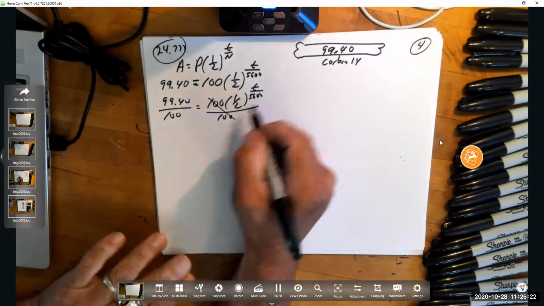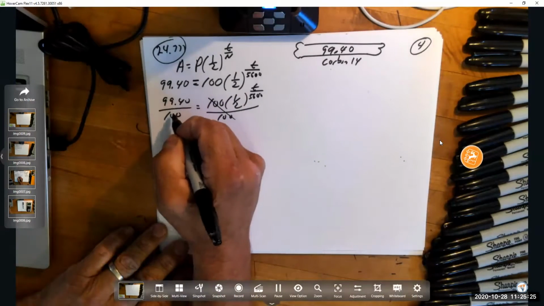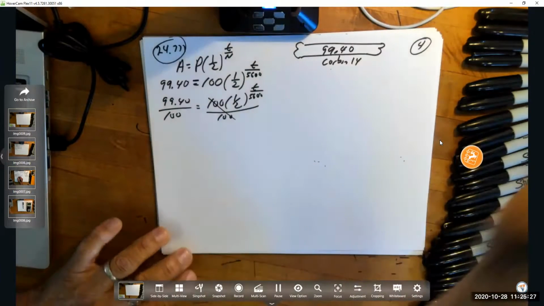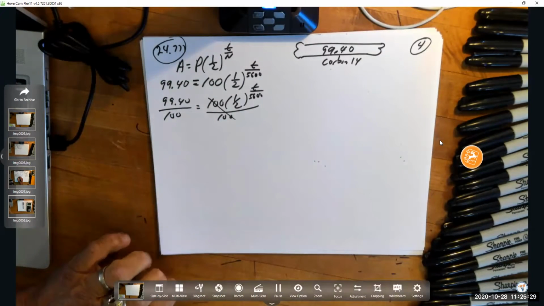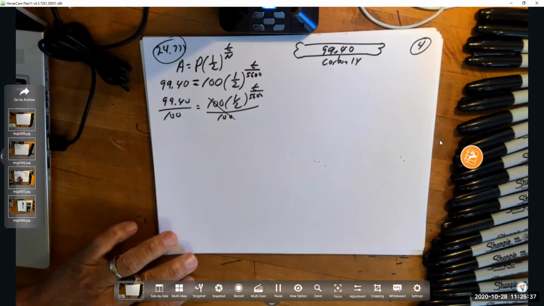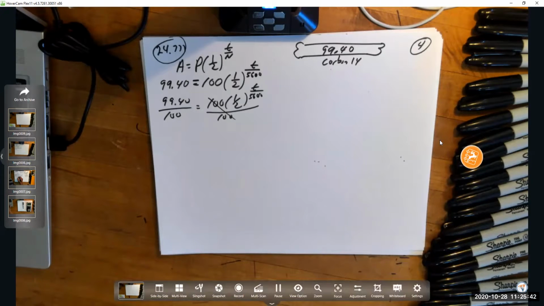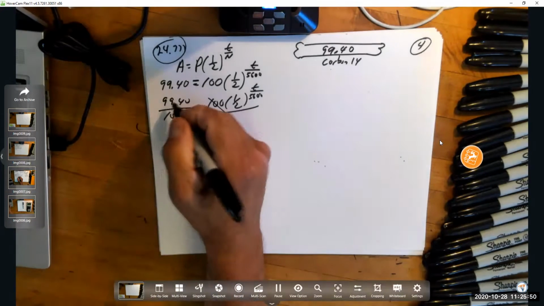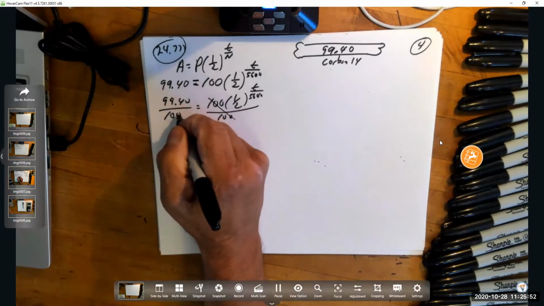So now 99.40 divided by 100. You tell me what it is on the calculator. Do it on the calculator. 99.40 divided by 100. Give me a number. What y'all get? 99.40 divided by 100. Give me numbers.